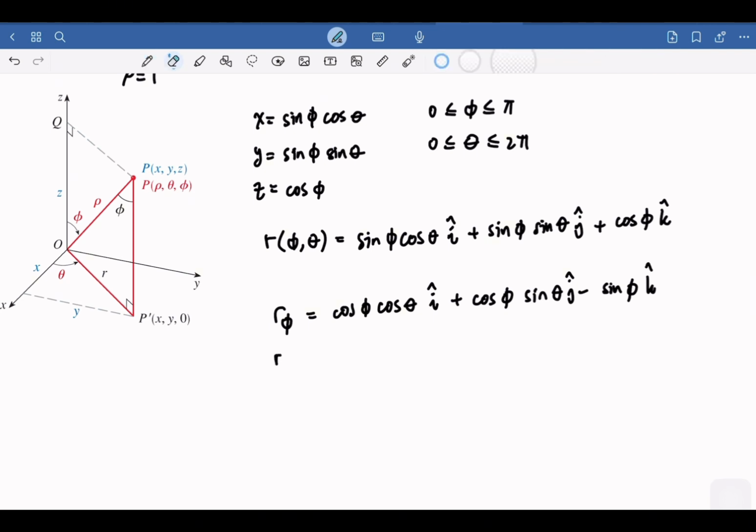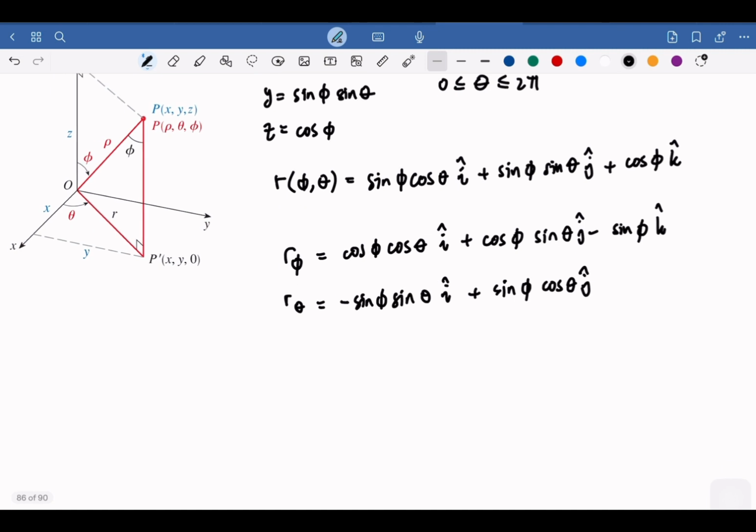If I write all of this out, the time will be gone, so let me make it fast. r_theta has a k component of 0, right? So we are going to cross these. I will skip some of the process and just write down the determinant and skip the computations, but I hope you can compute this as well.